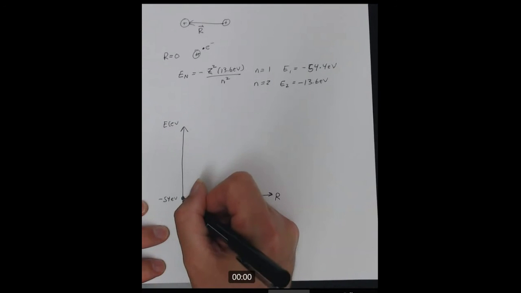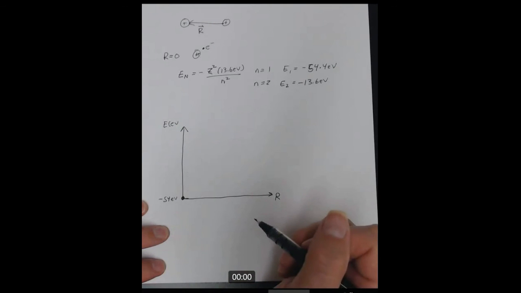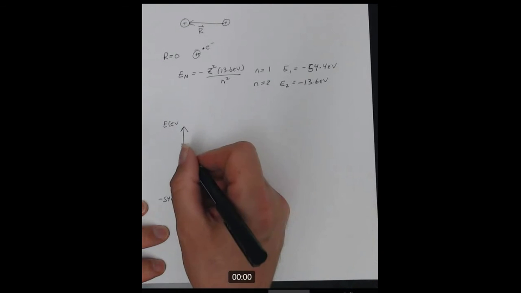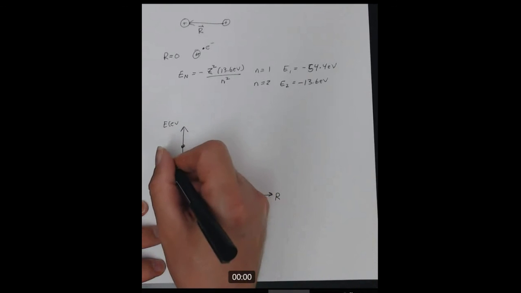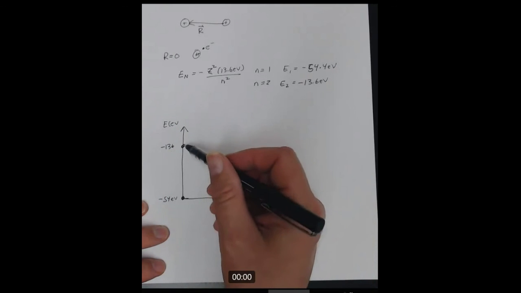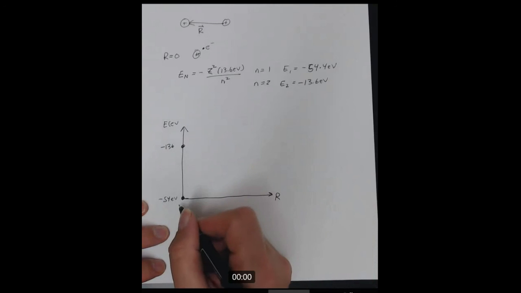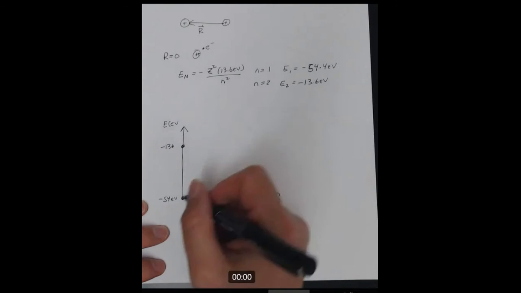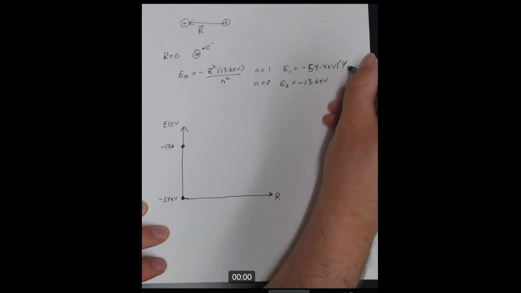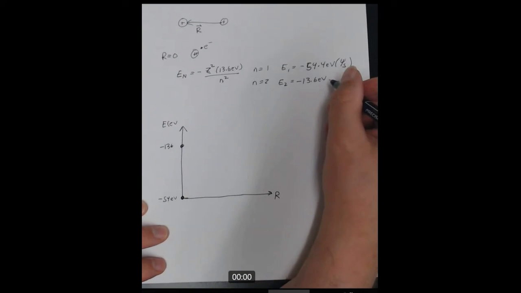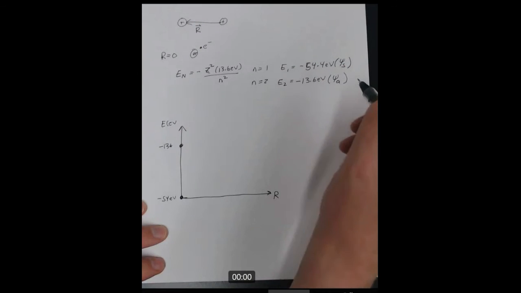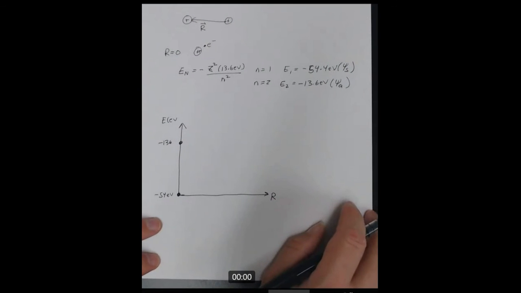When n is 1, the energy could be negative 54.4 eV, or if n was 2, we could get negative 13.6 up here. So what I'm going to suggest to you is that down here, the lower energy is the symmetric case. And the higher energy is the anti-bonding orbital. That's when R is 0.